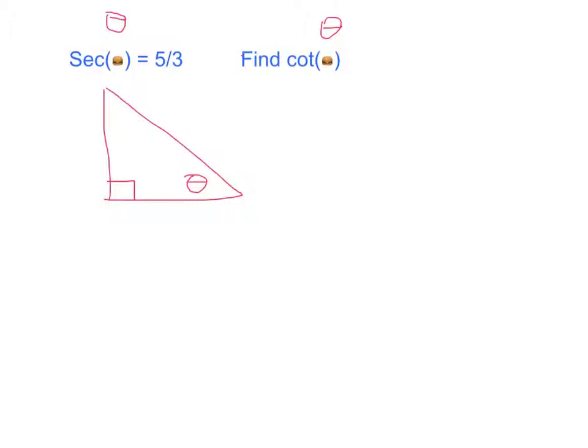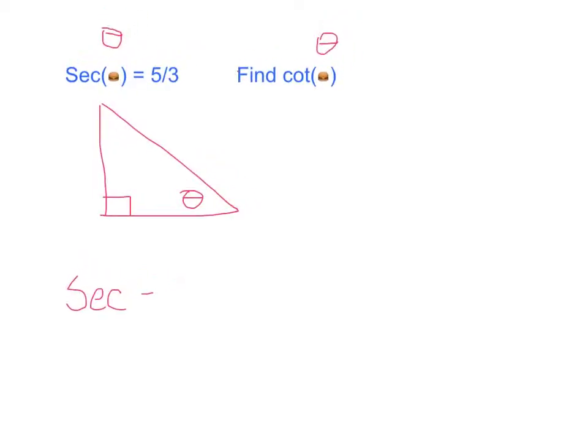If I remember with my ratios, secant is the reciprocal of cosine, which means my secant ratio is going to be hypotenuse over adjacent. So that means my hypotenuse is going to be 5, and my adjacent side to the angle I picked as theta will be 3. So I'm going to fill in my triangle with a hypotenuse of 5 and an adjacent side of 3.